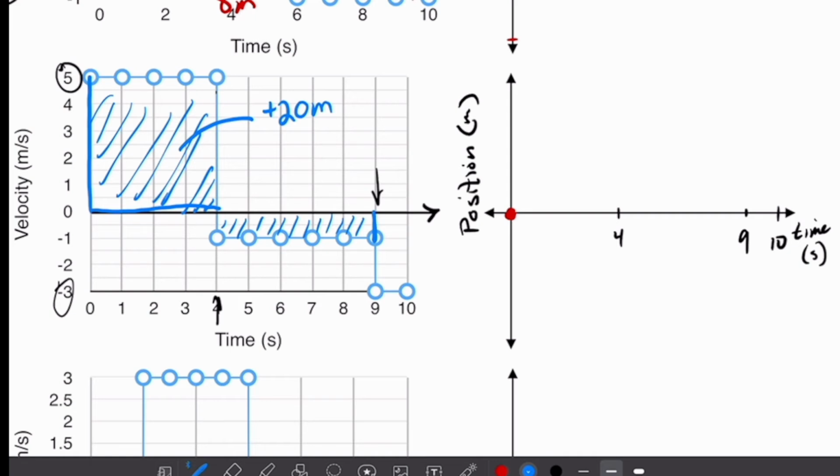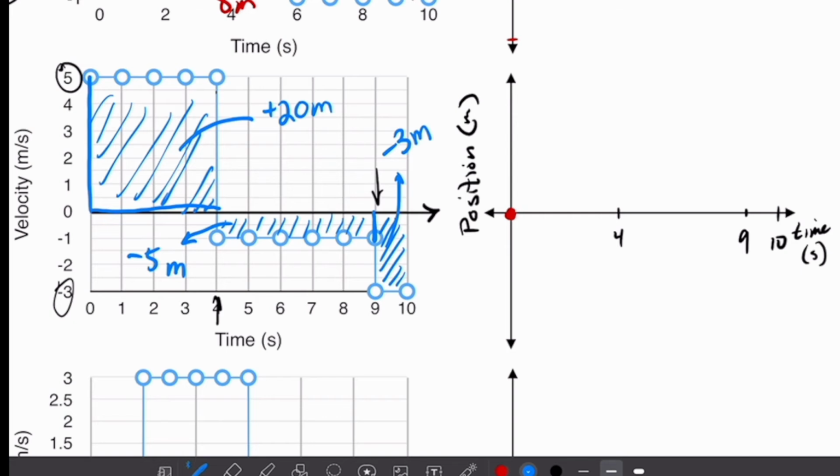And this is -1 times 5, so -5 meters. Then this last section, -3 times 1, so -3 meters. So it appears the object went forwards 20 meters, backwards 5, and then backwards 3.